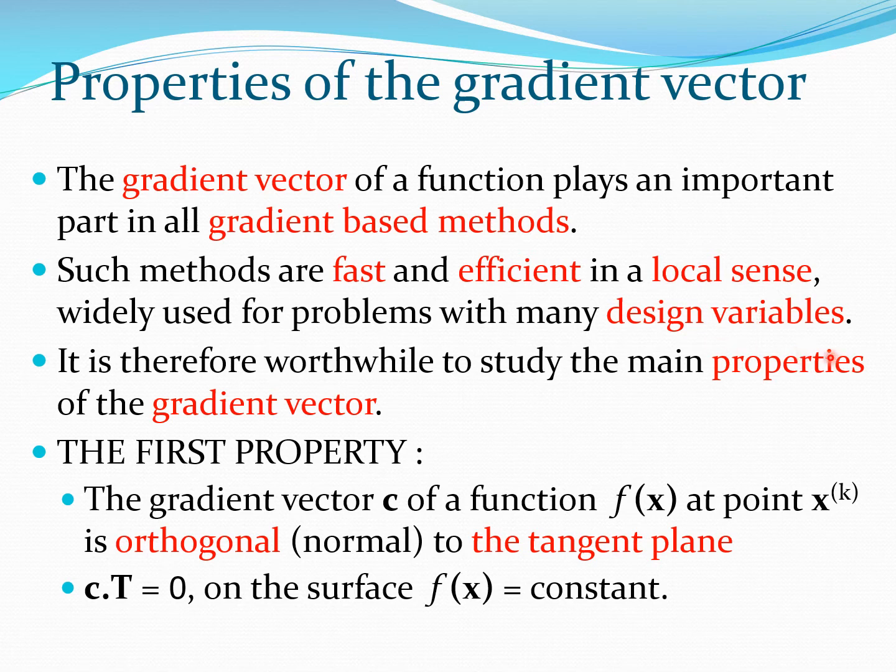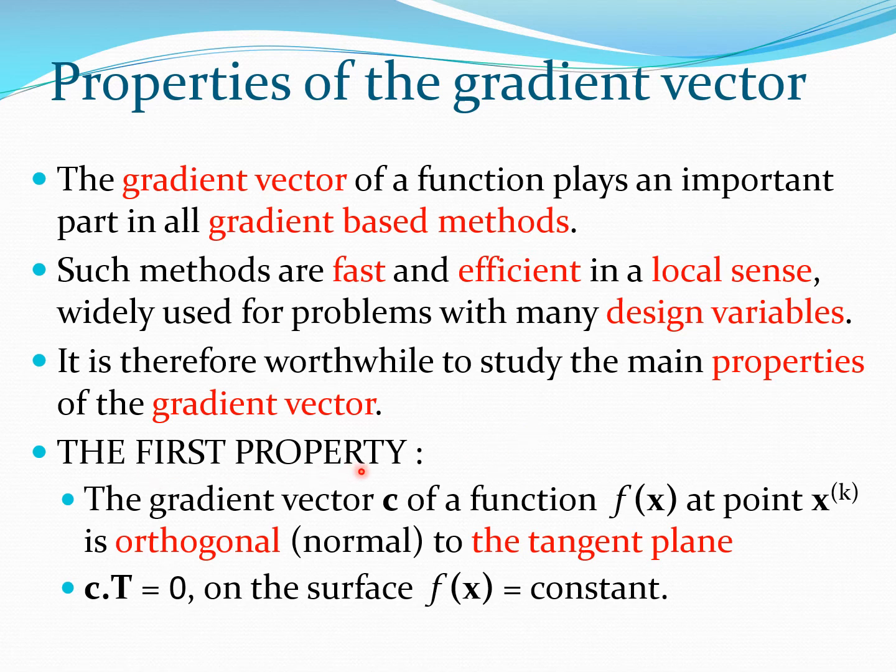By large, I'm talking of tens of thousands or a million design variables or so on. We find that the methods in this chapter are very useful, especially the conjugate gradient method. Much of the success of these methods depends on certain properties of the gradient vector, and we are going to look at some of these properties now.